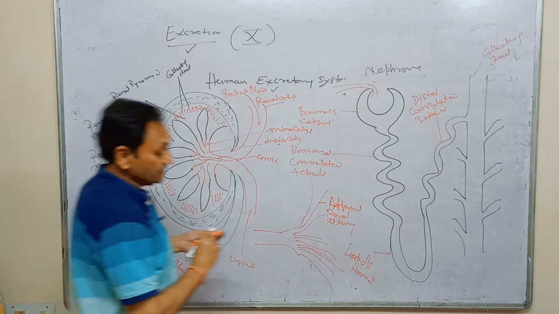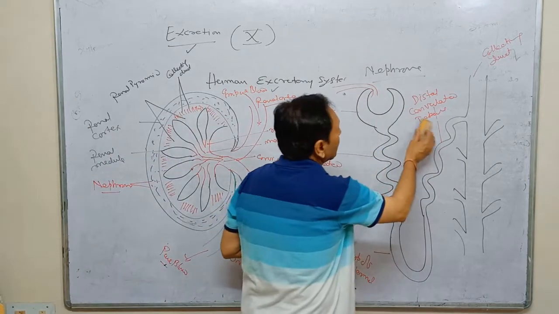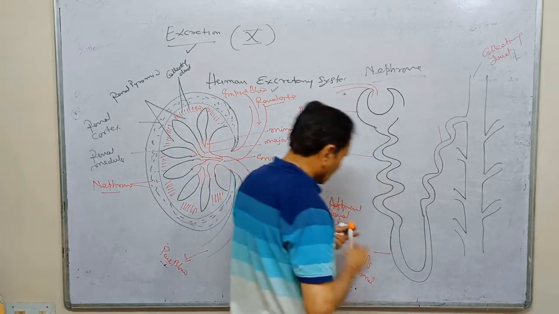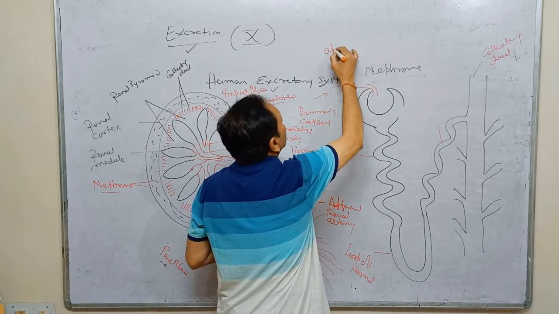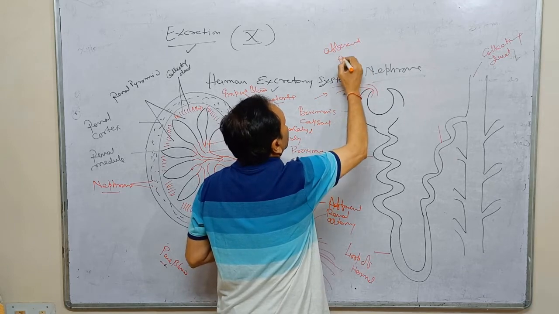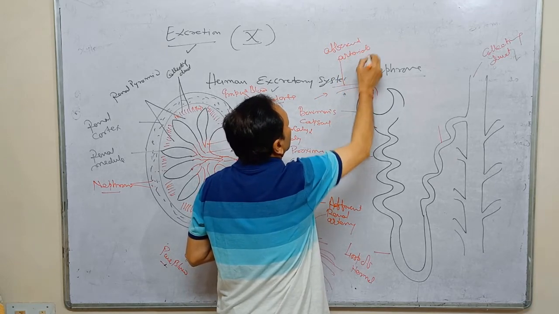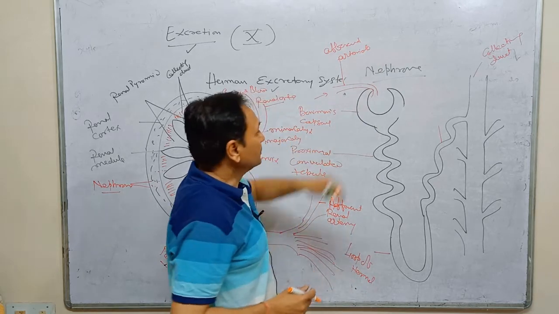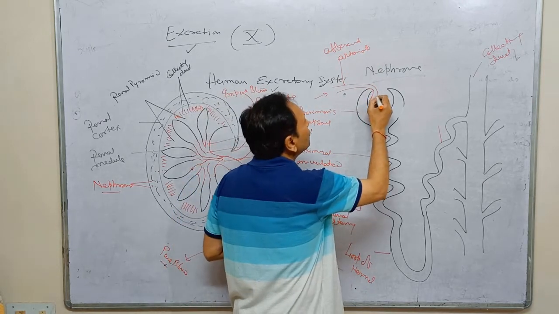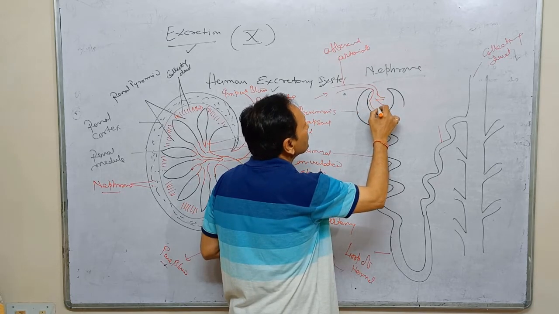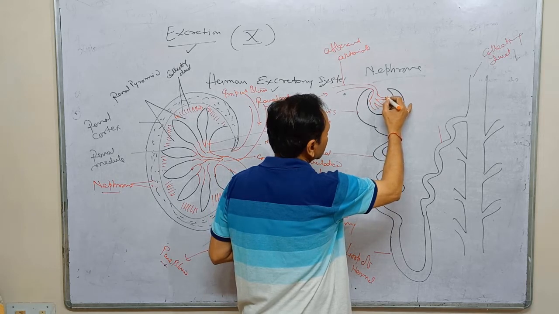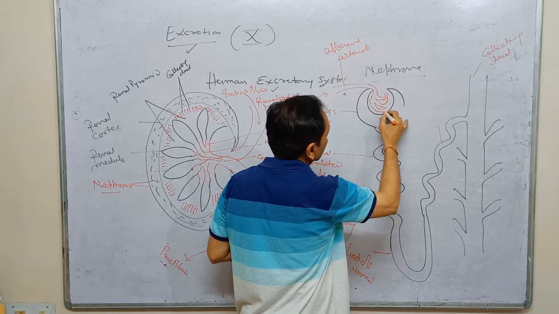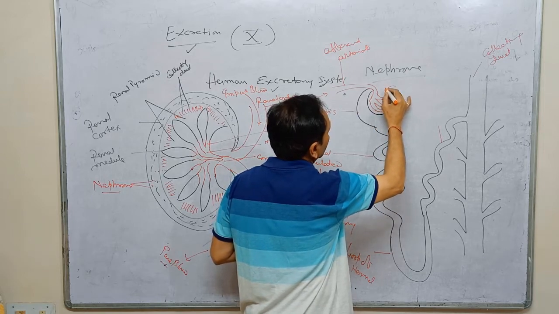Now what happens in the collecting duct? See here. Whenever this efferent arteriole opens into the Bowman's capsule, it divides into many tube-like structures like this, and again these tube-like structures join here and go out.